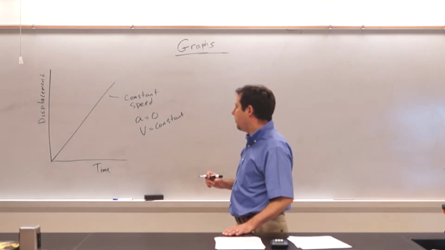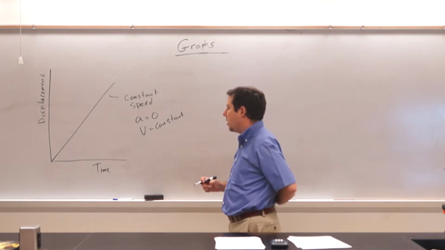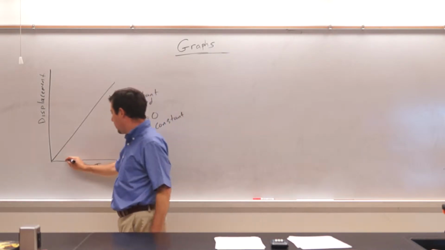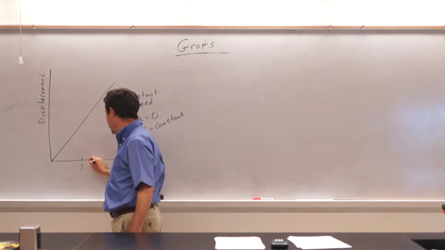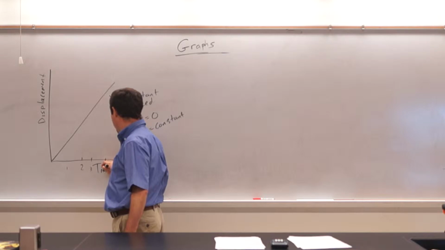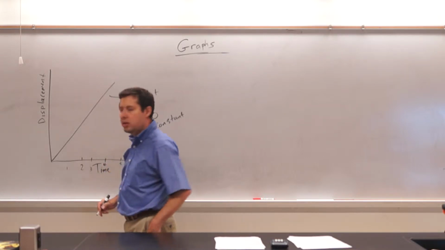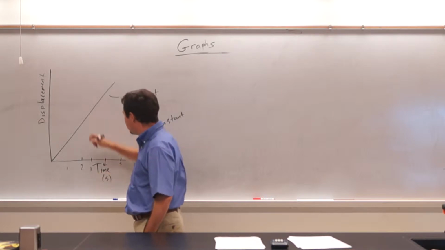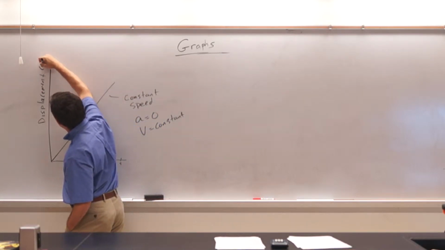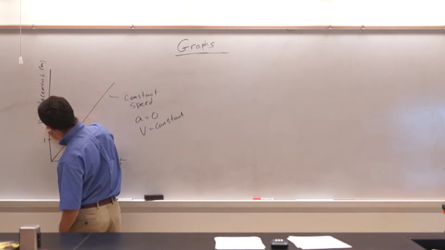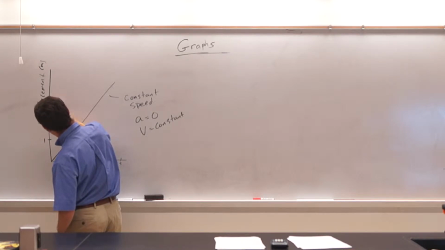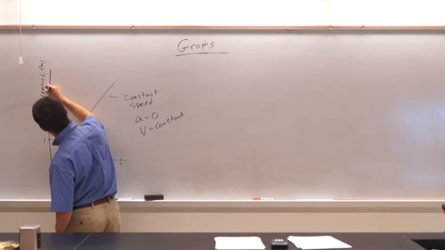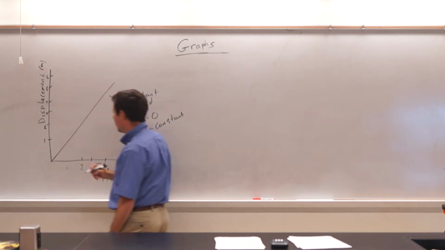There's a few things you can figure out from this displacement time graph. Let's say I put some numbers on here just to make it easy. 1, 2 seconds, 3 seconds, 4, 5. There's some things I didn't do that I probably should do, like units, seconds. We'll say this is in meters. 1, 2, 3, 4, 5, 6.